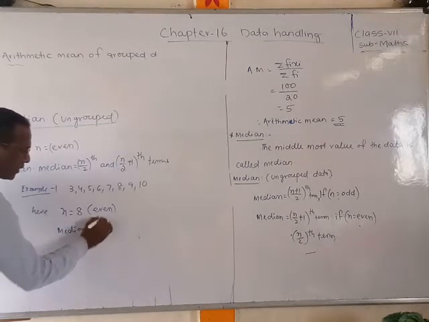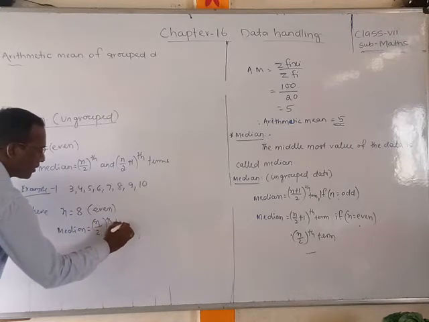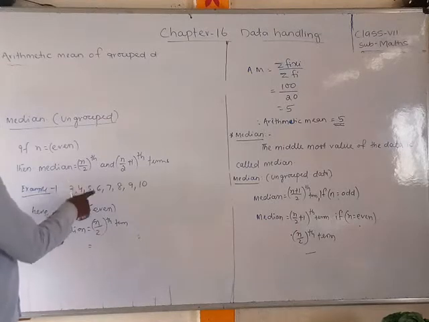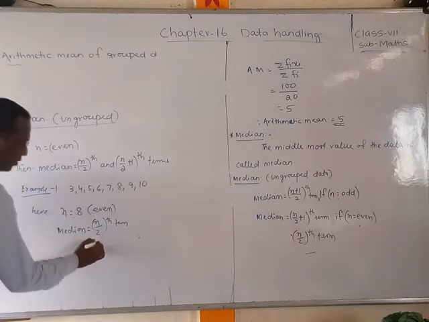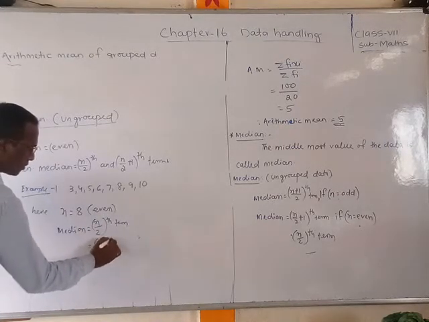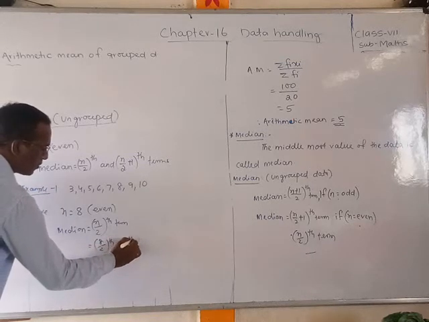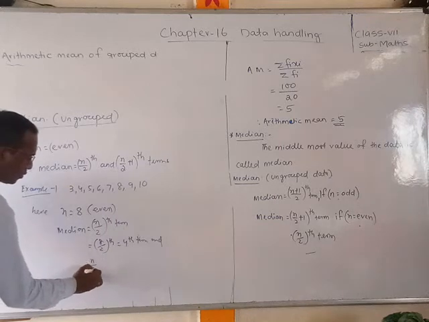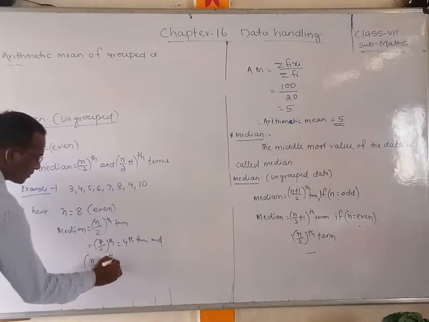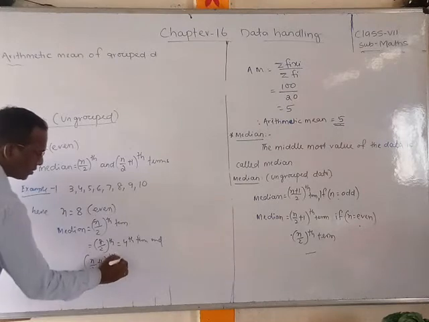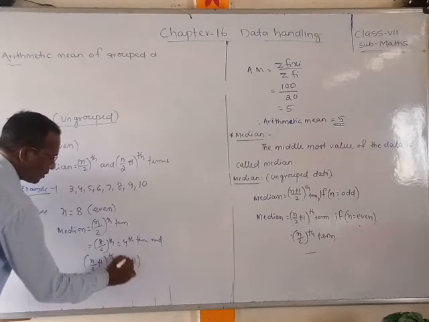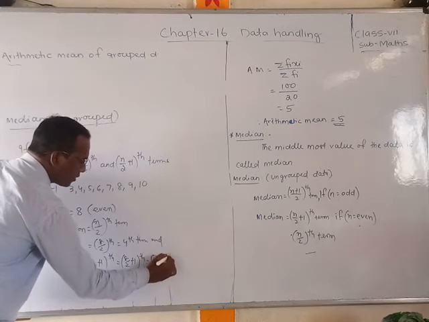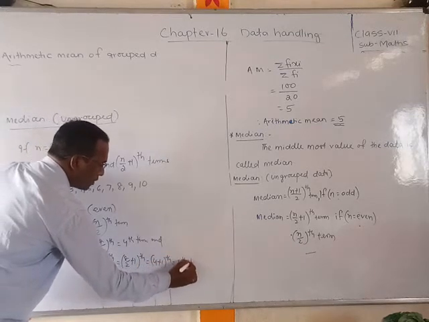First we find the n by 2 th term. n is 8, so 8 by 2 th term is the 4th term. Next, the n by 2 plus 1 th term: 8 by 2 plus 1 is 4 plus 1, the 5th term.